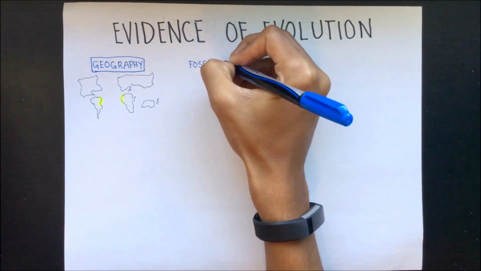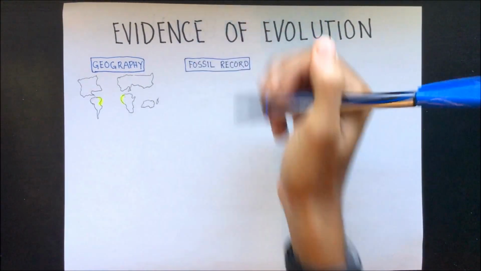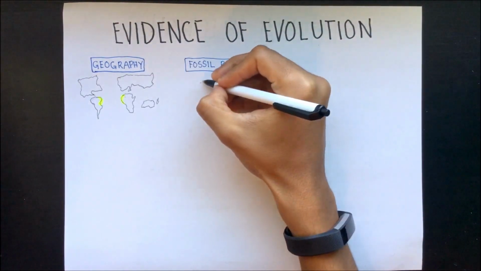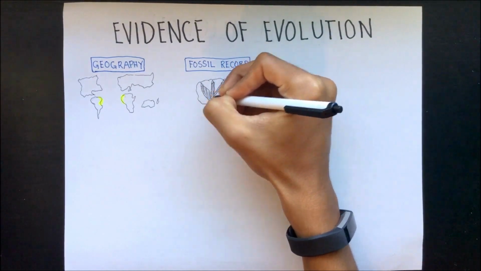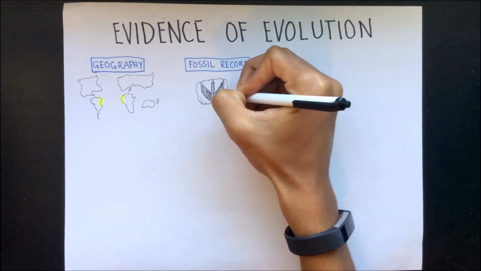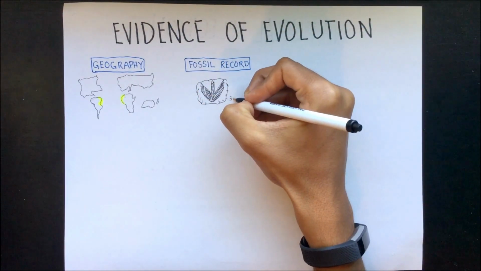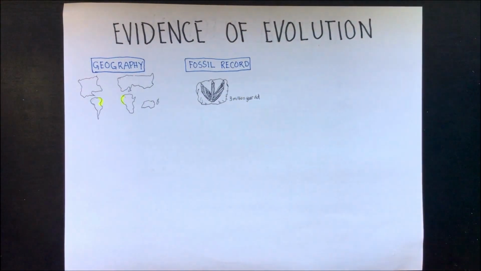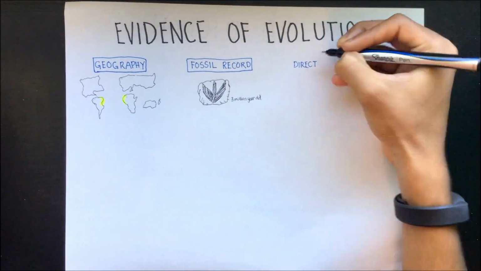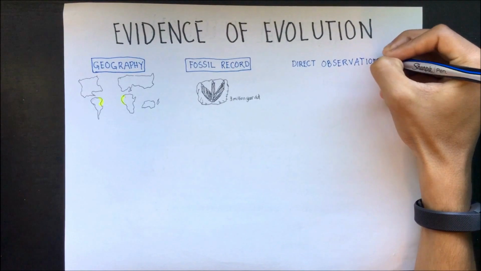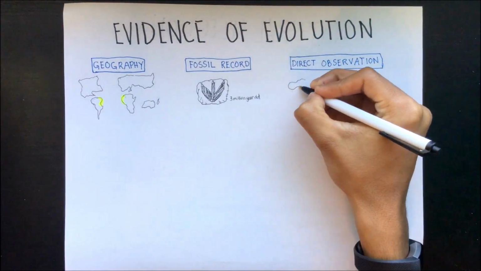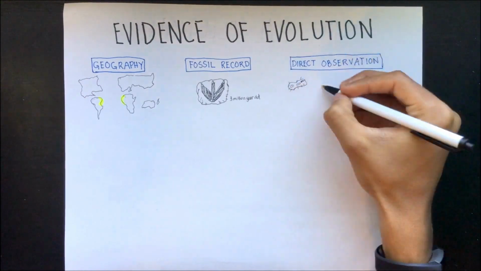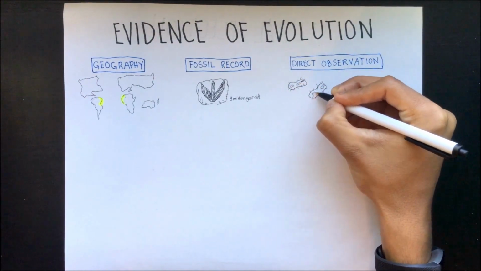We can also study fossils and compare ancient organisms with modern animals and see similarities and differences between them. In addition, we can directly observe that a population is evolving, such as when bacteria evolve to become resistant to harmful drugs every year.